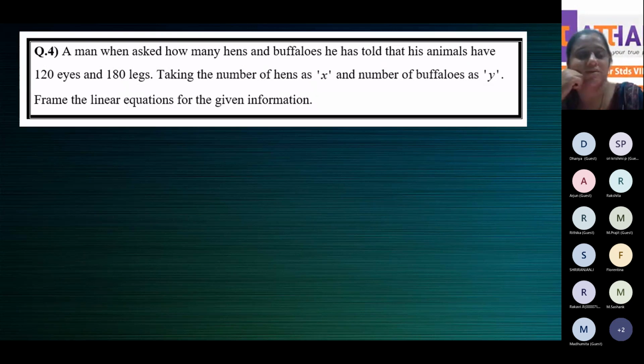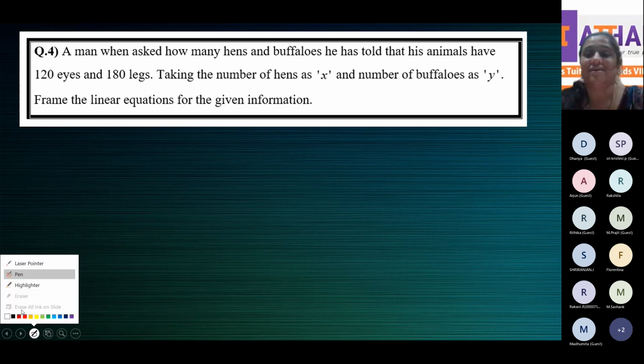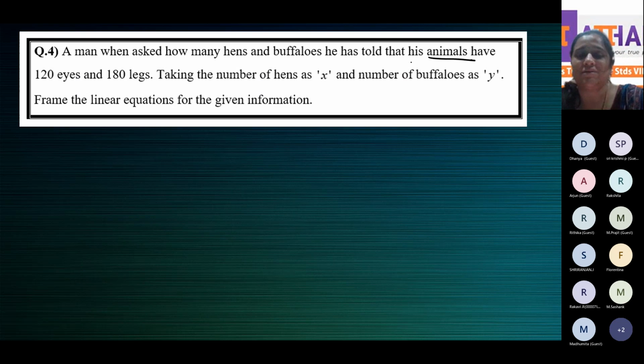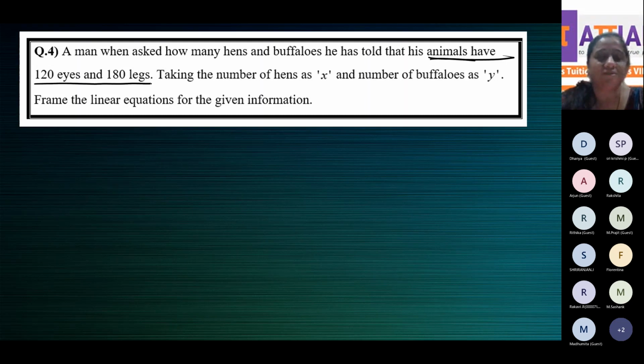A man, when asked how many hens and buffaloes he has, told that his animals have 120 eyes and 180 legs.